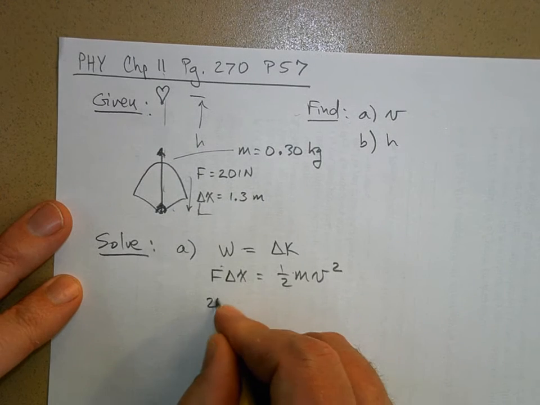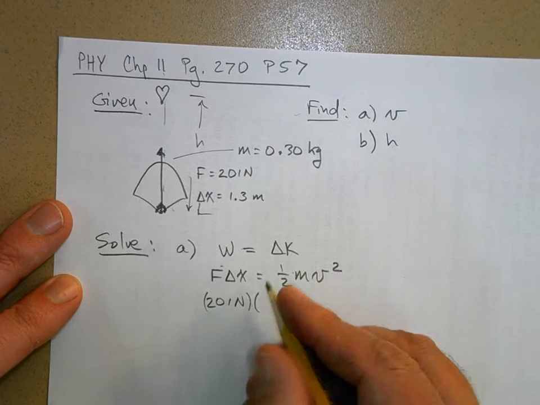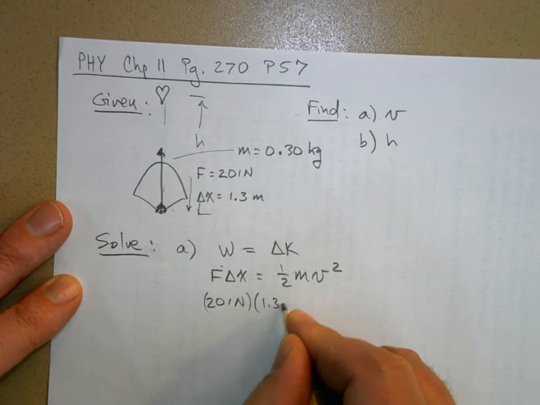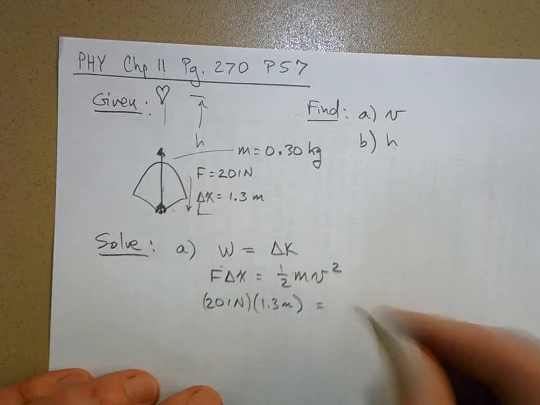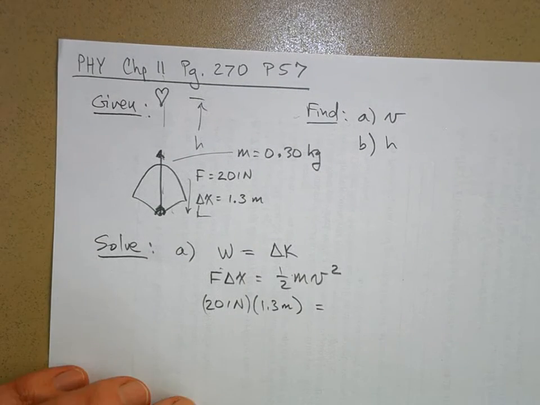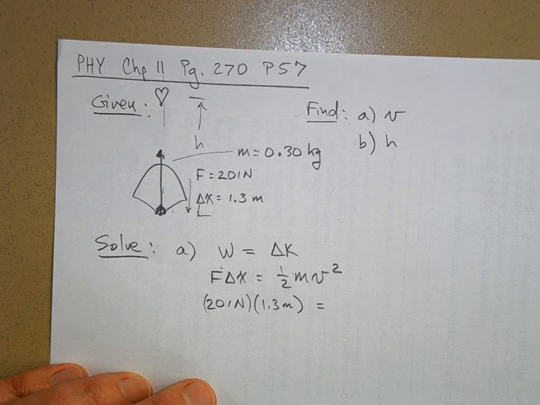So this is 201 newtons, and delta x is 1.3 meters, and that's going to be equal to, well, let's just do the arithmetic. Sometimes I wait until the end to plug in numbers, but I think you'll see why in a second.